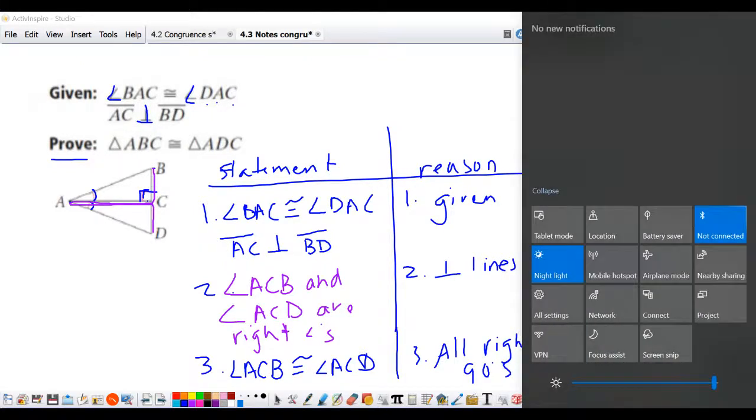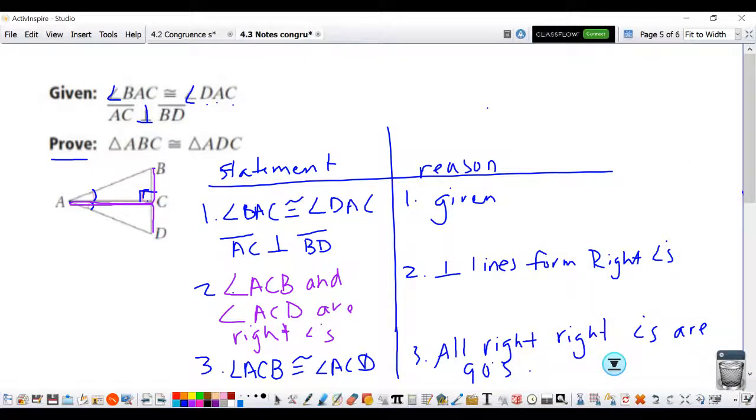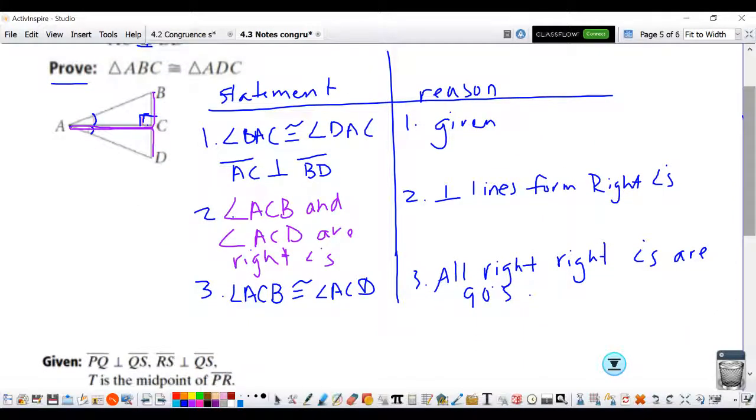Okay, so what I have then is two angles that are congruent. So if I look at my shortcuts, I can find an included side is congruent or a non-included side is congruent.